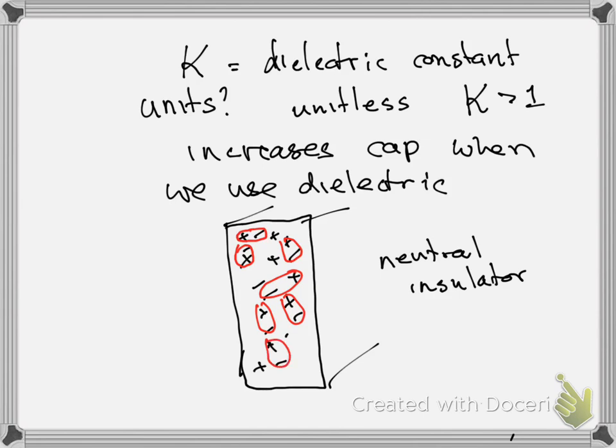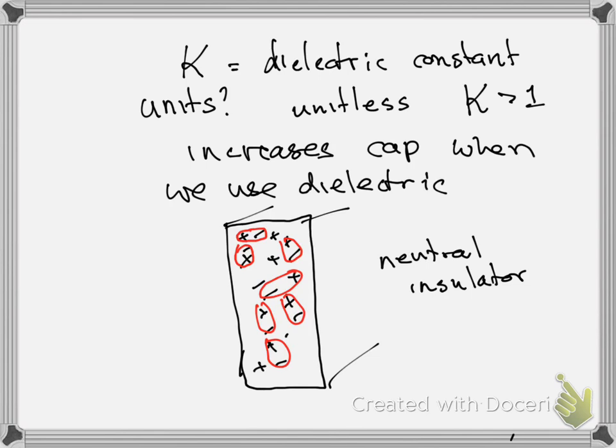Because if the thing is neutral, it's a bunch of neutral atoms, and neutral atoms really have a positive nucleus and a negative electron cloud, and it's a dipole. And so there are just some randomly oriented dipoles inside this neutral insulator. There's no electric field until we do something to it. There's no potential difference. There's no net charge.